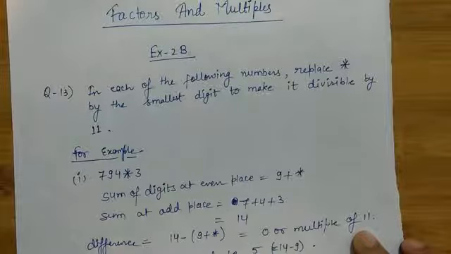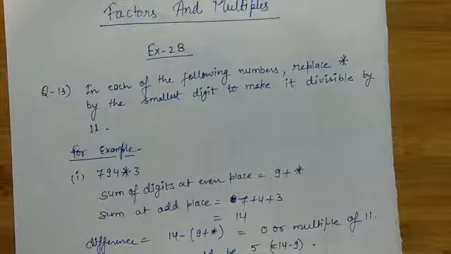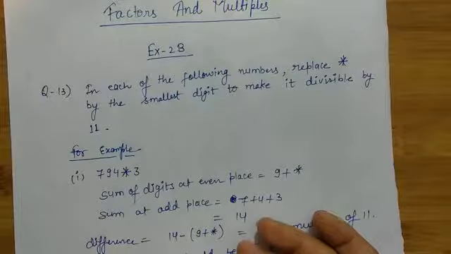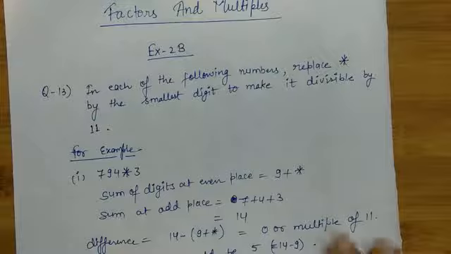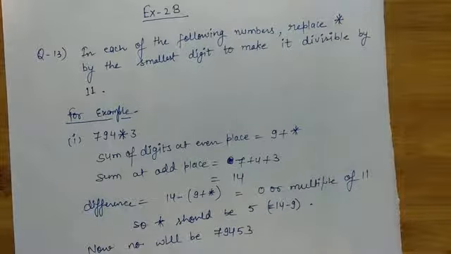Children, it is a kind of difficult divisibility rule which you have studied before summer break. Then how can we find out that a number is divisible by 11 without using division process? So we have studied about, first we have to find out the sum of the digits at even place, and we have to find the sum of the digits at odd place, and we have to find their difference.